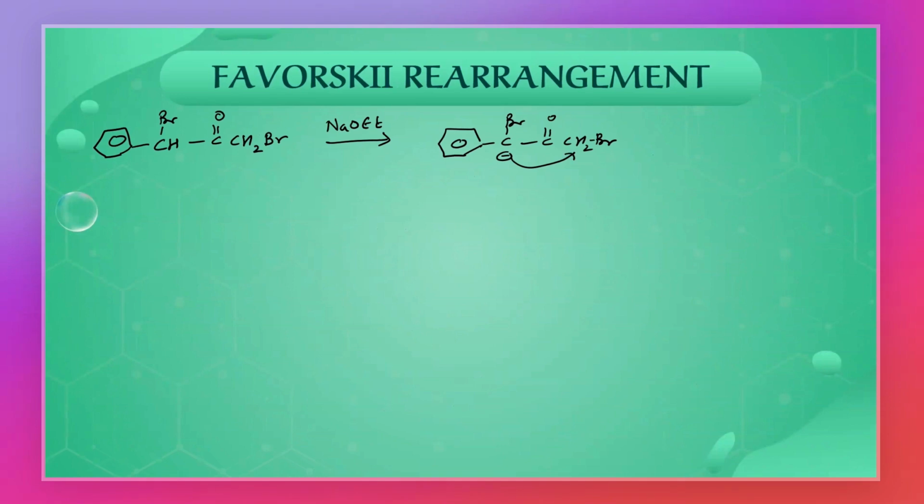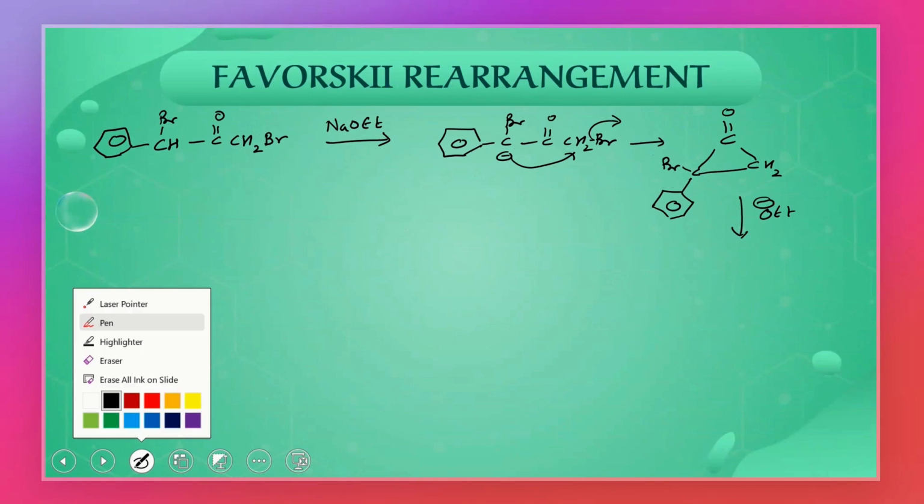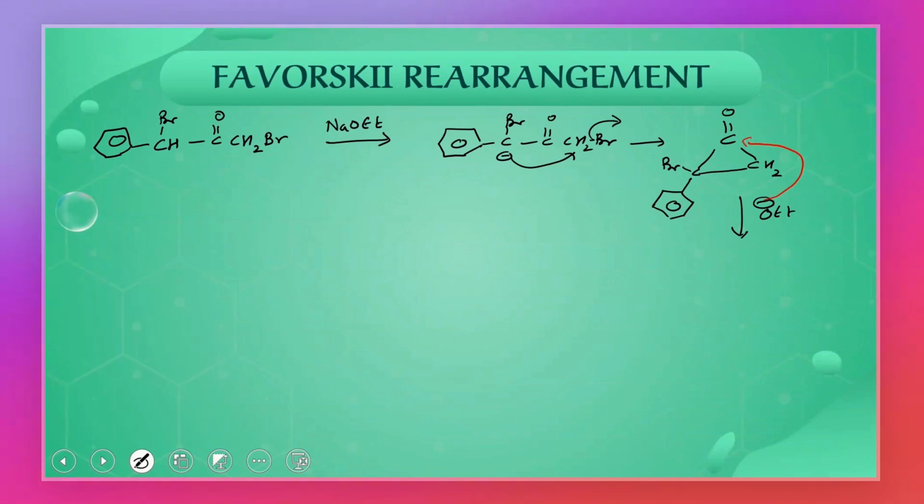Then the attack of the carbanion to relieve one of the Br, giving you the cyclopropanone intermediate. So here the carbon on one side contains CH2, the other side contains the bromine and benzene ring. Now the attack of OEt minus to the carbonyl carbon, resulting in the formation of the tetrahedral intermediate.